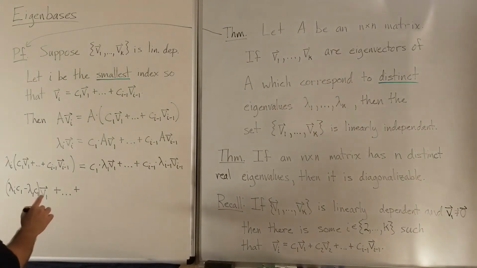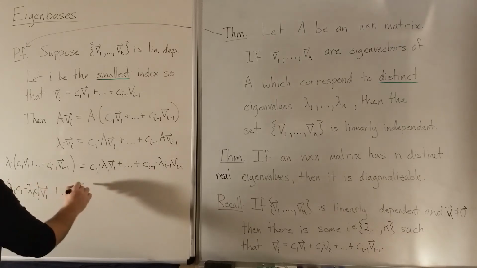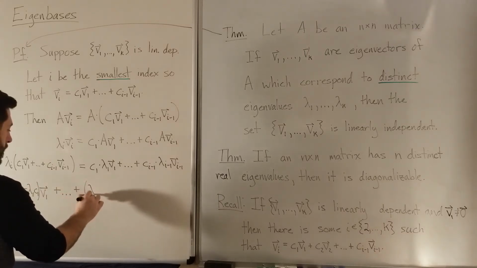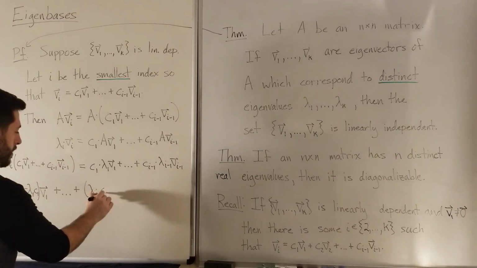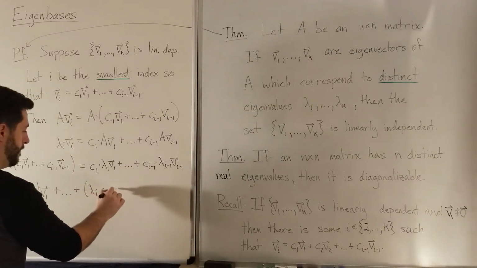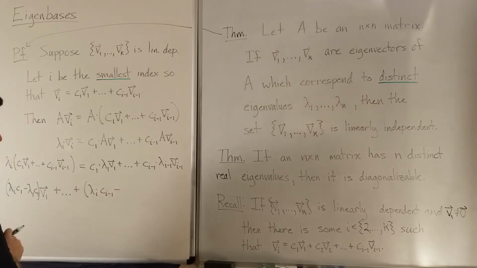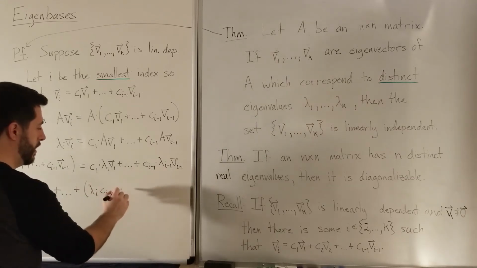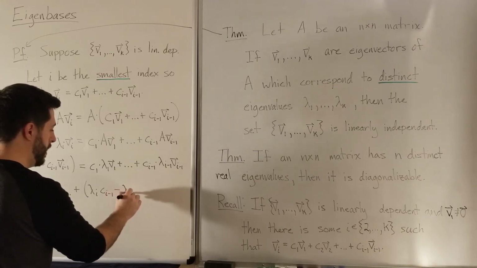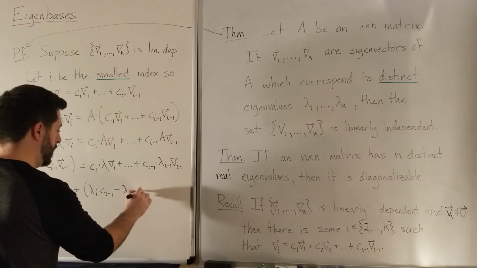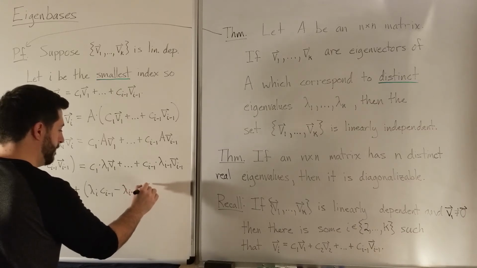And now looking at the last term, we have lambda_i times c_{i-1} and then minus, over here, the coefficient is lambda_{i-1} c_{i-1}.